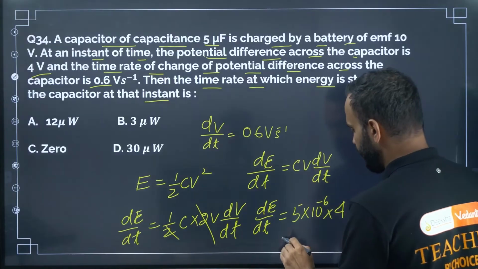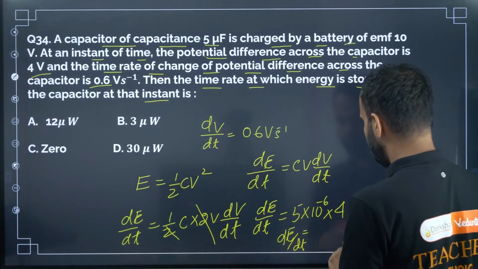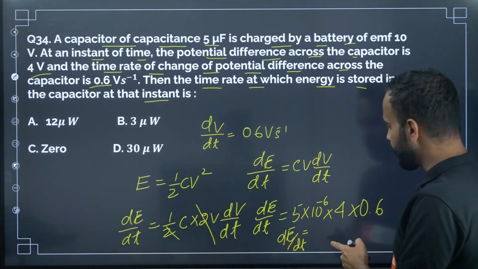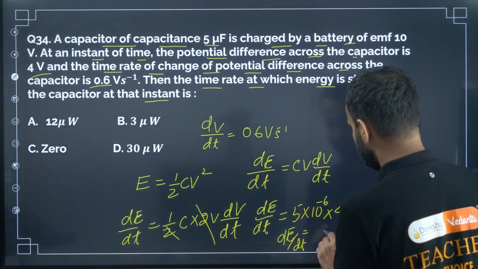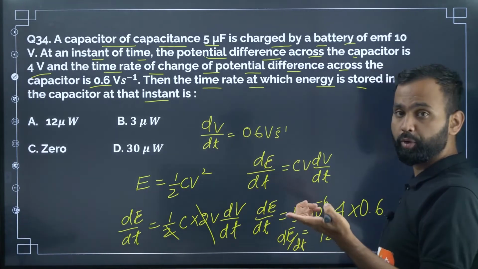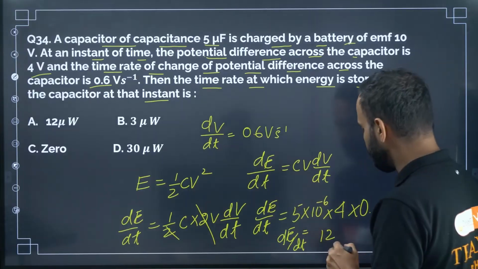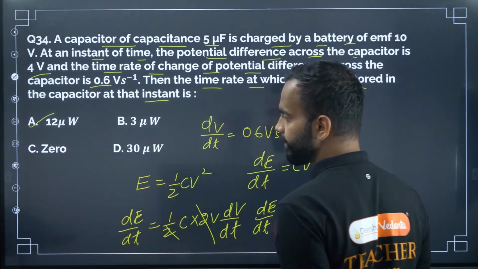So now dE by dt is equal to, here 5 into 4 is 20, right? 20 into 0.6 is 12, 12 into 10 to the power minus 6 watt, right? 10 to the power minus 6 is micro, so 12 microwatt. So the correct option is A.